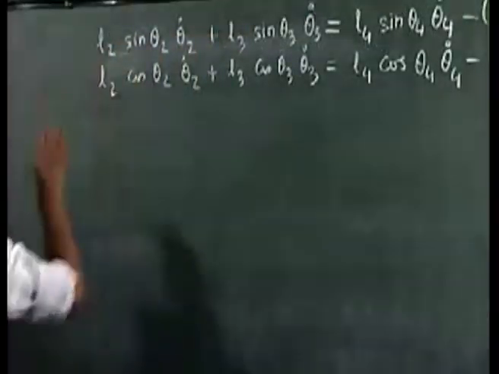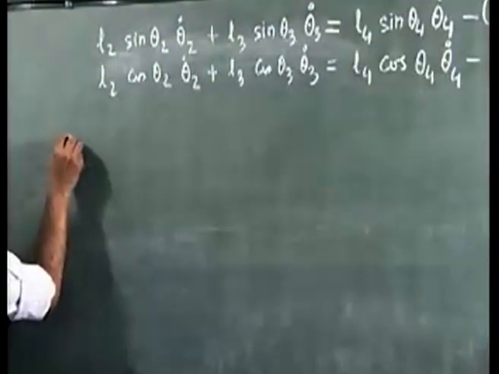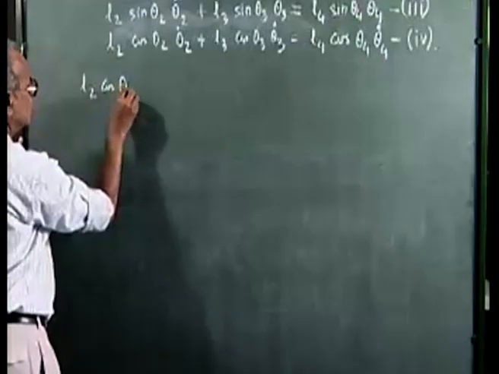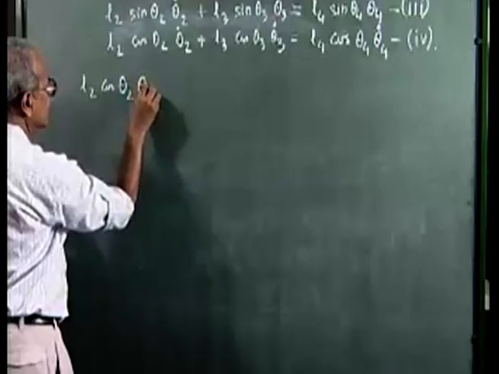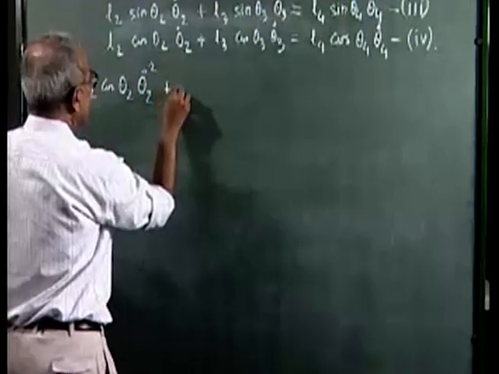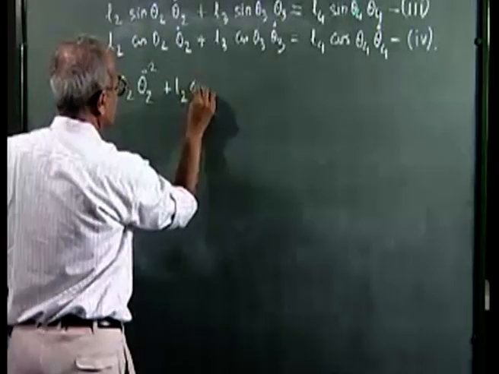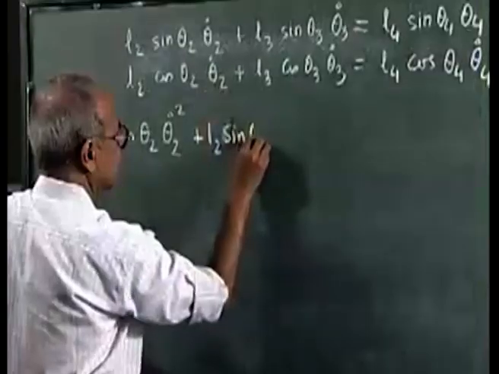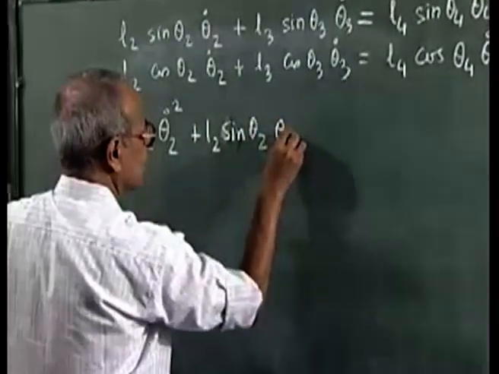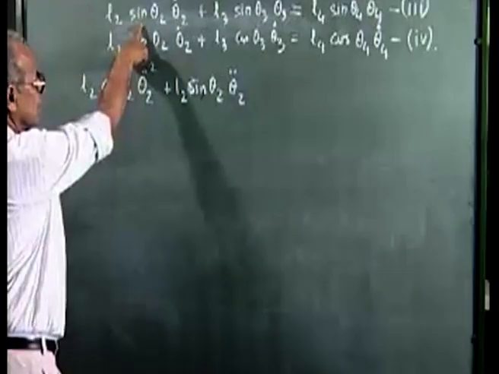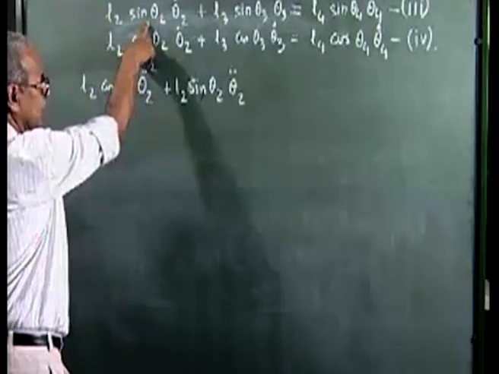So let me differentiate the first equation. Then I get L2 cosine theta 2 dot squared plus L2 sine theta 2 into theta 2 double dot. These two terms I get from the first term if I differentiate with respect to time.